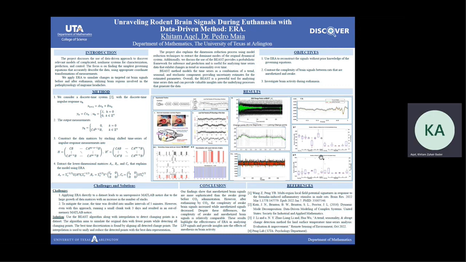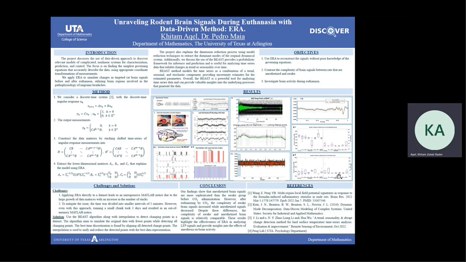In the last 2 figures, we have the relative error and the number of stacks for both rat groups, the anesthetized and the awake, showing how complex the brain activity is for each group, with how good the reconstruction via ERA is according to the relative error.